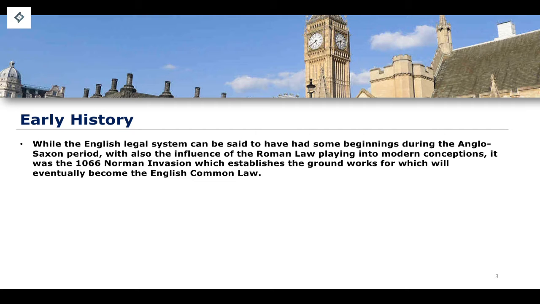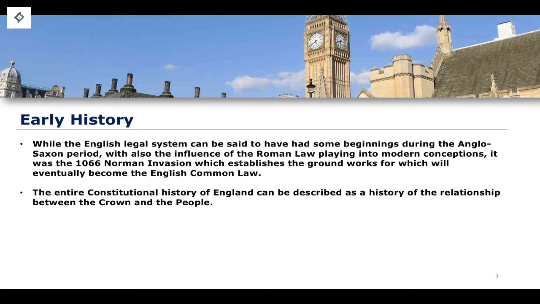This is eventually what would turn into the development of the common law. The common law would also develop through the dynasty of the Angevin kings and the Angevin Empire. But for now, we'll just talk a little about the groundwork from the Norman invasion.